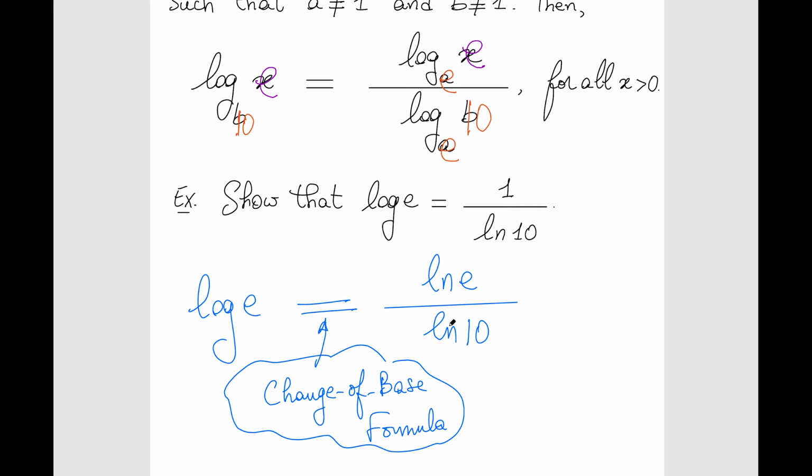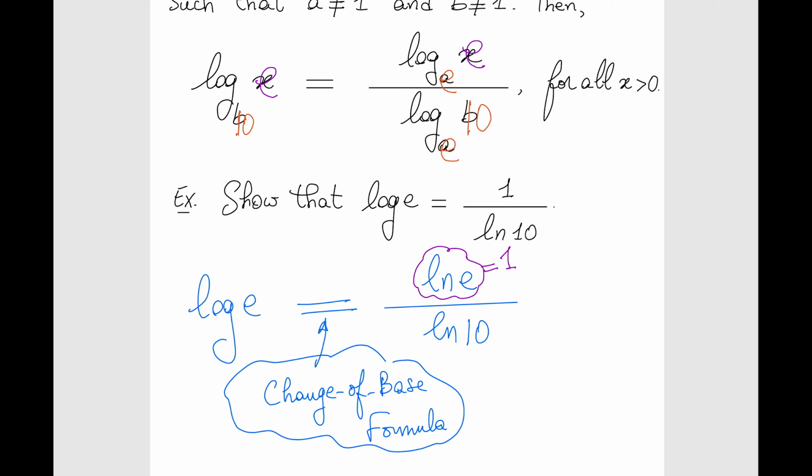And what's this guy? ln of e is log base e of e. Well, log base a of a is 1, one of the properties we proved and talked about before. So this guy is 1.